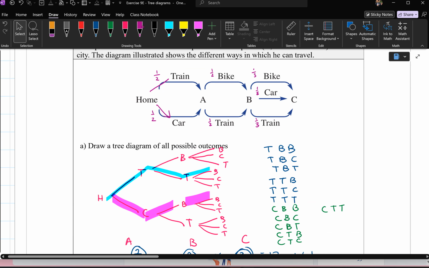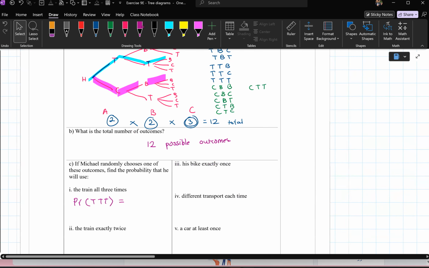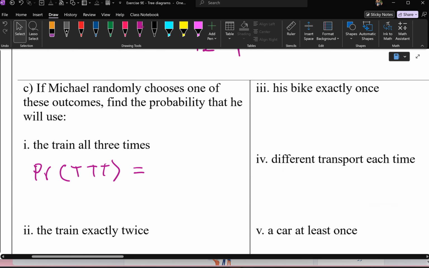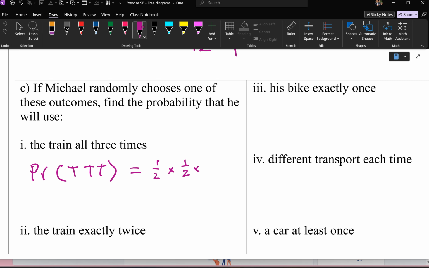To get train, and then train, that was 50% getting a train, 50% again of 50% to get a train, and then 33% of 50% to do train. Okay, so what you're really doing there is you're saying this. I'm looking for the first train, you got half a chance. Get a train again, you got half a chance. But then to get a train the third time, you had a third of a chance.